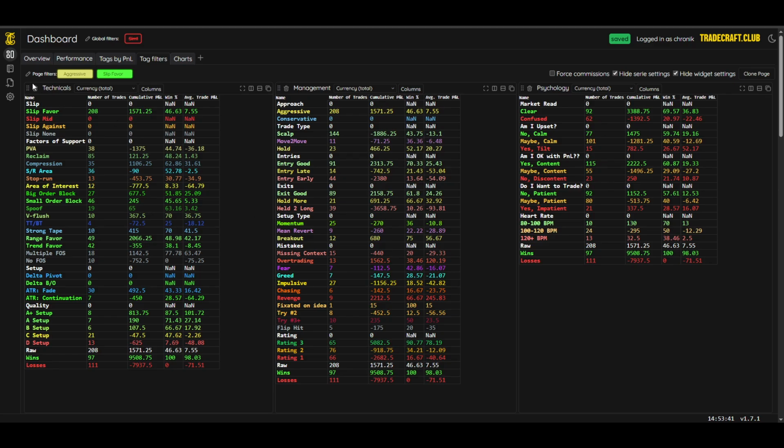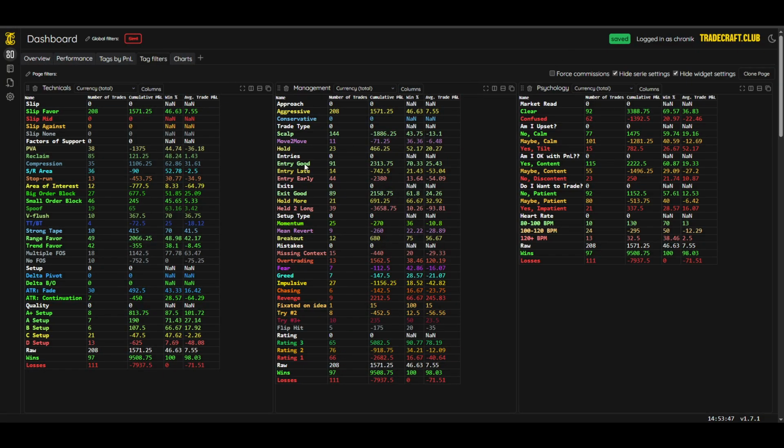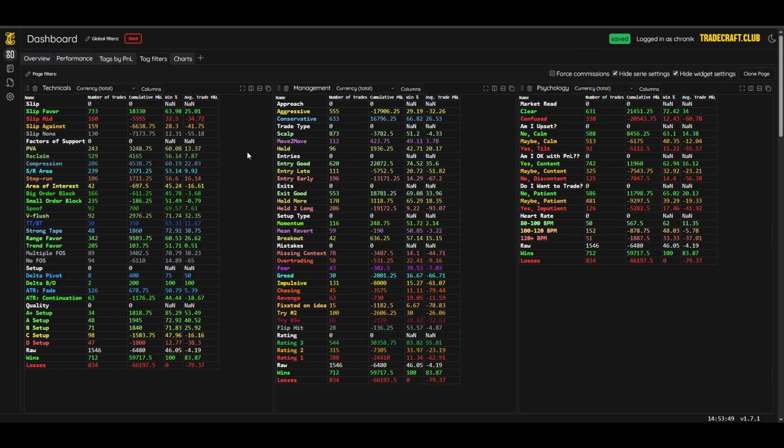I wonder if the multiple factors of support will flesh that out. I mean, so far it has. My trading in the last couple weeks has been very smooth, just focusing on multiple factors of support and being patient. Yeah.